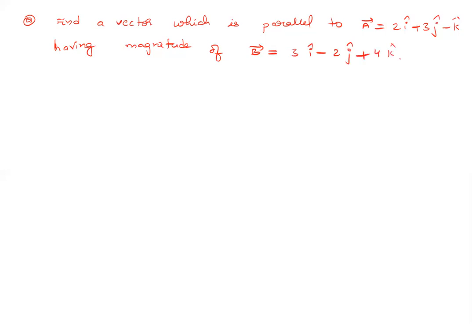So if you look at it logically, parallel to a bar means direction should be same. Being parallel means magnitudes will not be equal, but directions will be same.